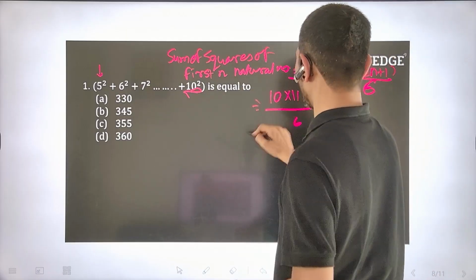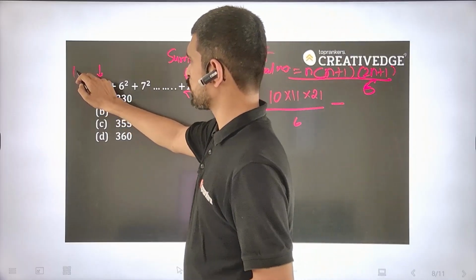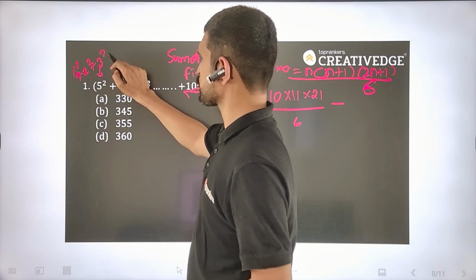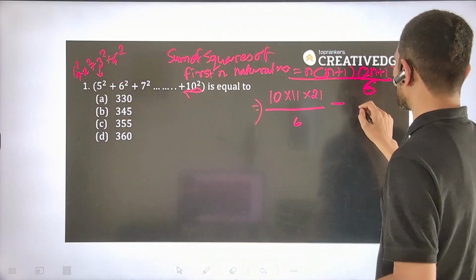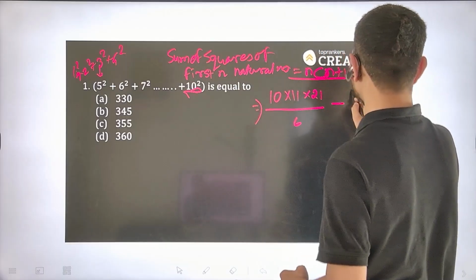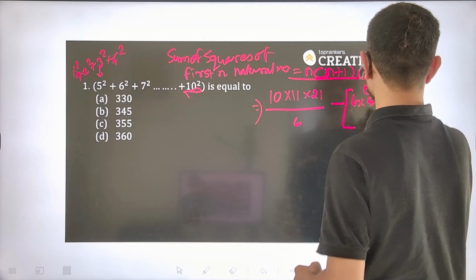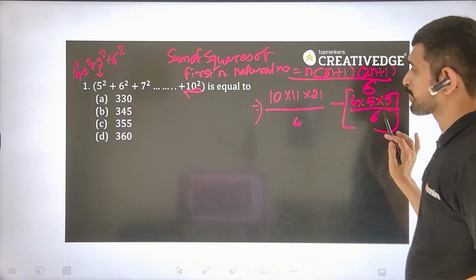But this will not be my final answer. I need to subtract till 4 because I don't have 1 square plus 2 square plus 3 square plus 4 square in this sequence. So let's put n equal to 4 and subtract that part. So 4 into 5 into 9 divided by 6. 4 into 2 plus 1, 9, right?